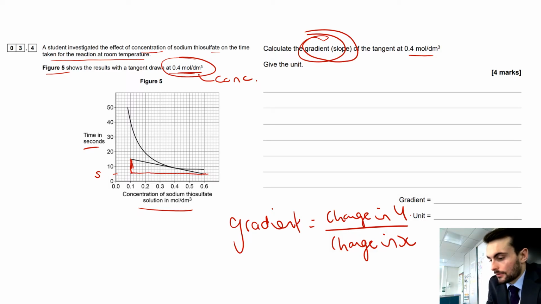So we work out the change in the y-axis and the change in the x. Change in y is, it's gone from 5 up to 15, so the change is 10 seconds.